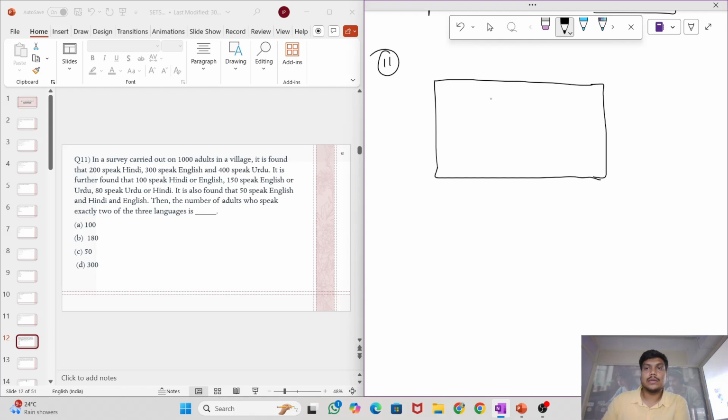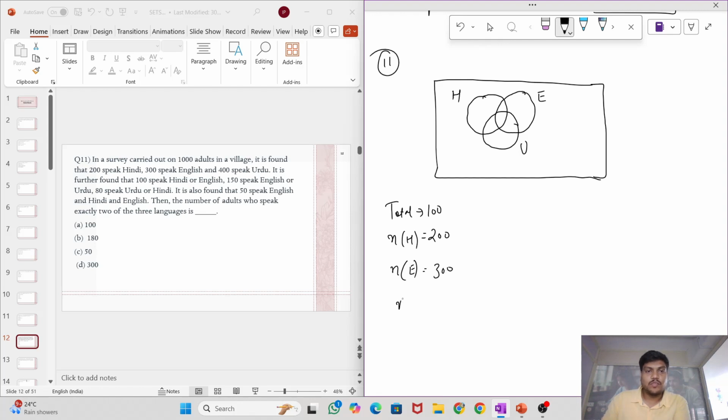Now inside this there are three sets: the people who speak Hindi, the people who speak English, and the people who speak Urdu. Out of this total 1000, the number of people who speak Hindi is 200, the number of people who speak English is 300, and the number of people who speak Urdu is 400.